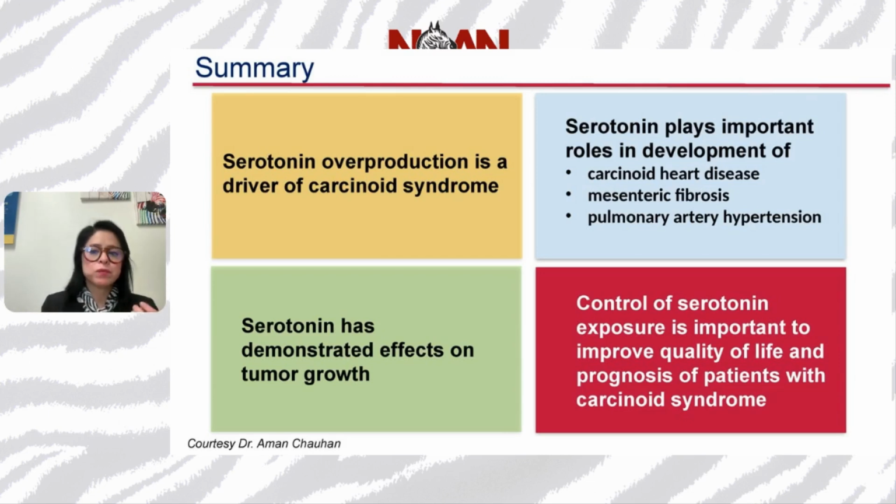Also pulmonary hypertension, but that's usually because of the complications of the carcinoid heart disease as well. Serotonin, we discussed, has demonstrated effects on tumor growth, and it's important to control the serotonin because it can also improve the quality of life as well as the prognosis in patients with carcinoid syndrome.